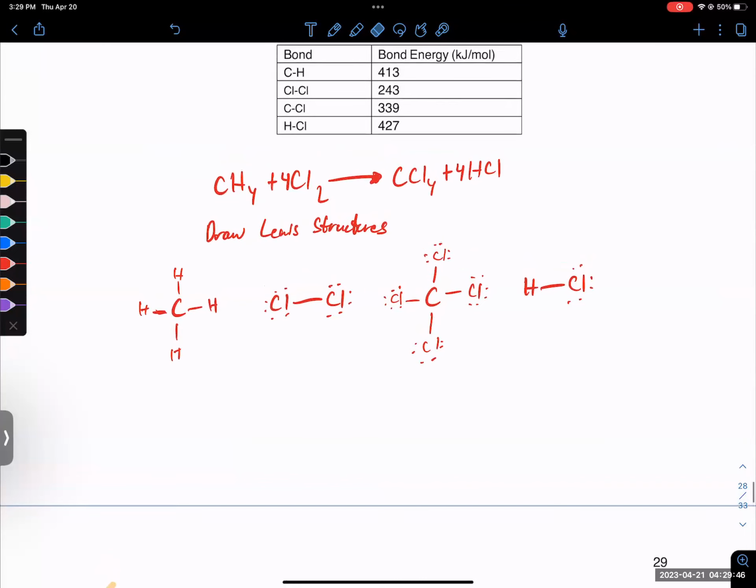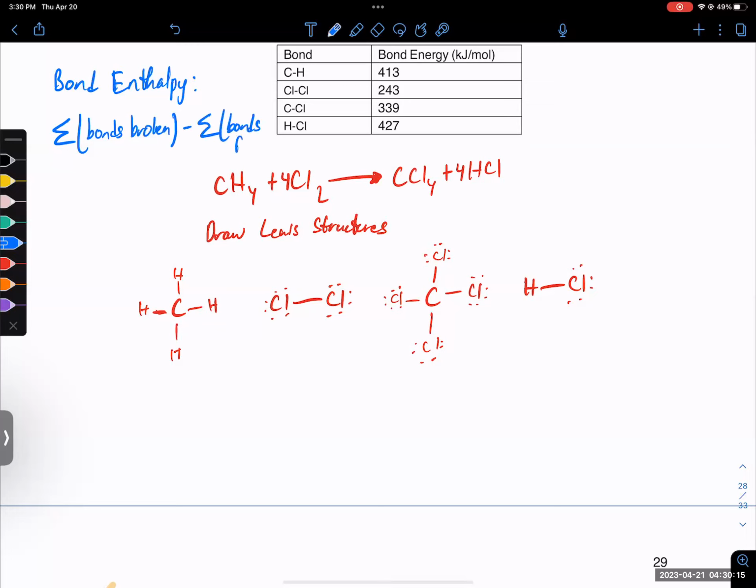All right, now the great equation everybody is talking about. When you're given bond enthalpies, the enthalpy change is the sum, we use this sideways M, sigma, of the bonds broken minus the sum of bonds formed.